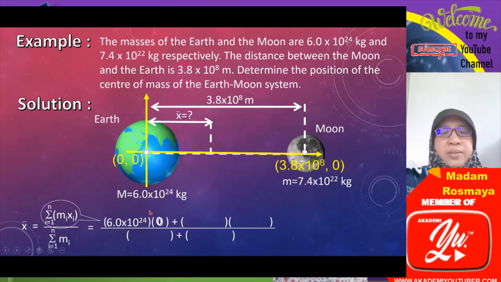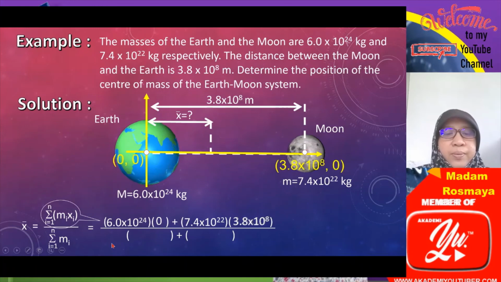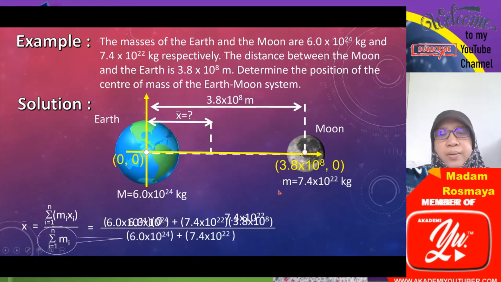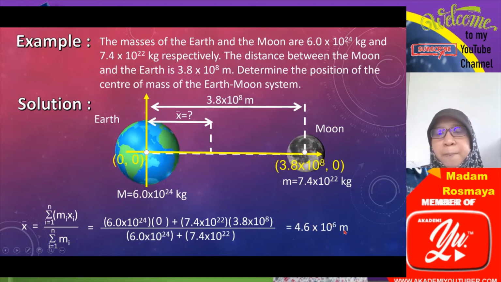Then for the Moon, the mass is 7.4 times 10 to the power of 22 kilogram, and the distance from the origin is 3.8 times 10 to the power of 8. Next is the total mass, Earth and Moon. So we get the answer 4.6 times 10 to the power of 6 meter.